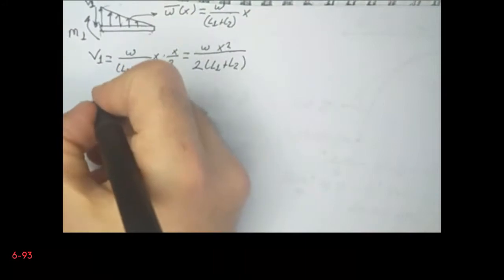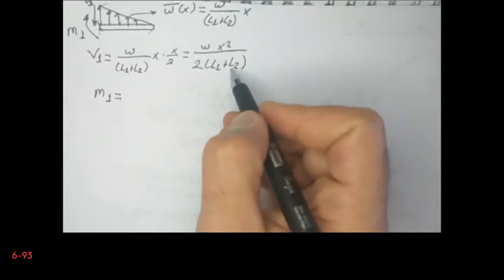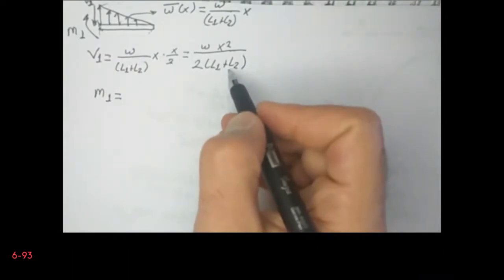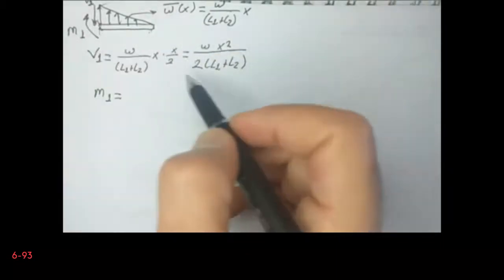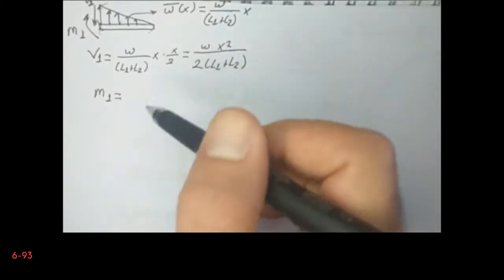Okay, now let's calculate the bending moment. M1, you can integrate it. This is one way of calculating this bending moment diagram, or you can directly calculate the bending moment generated by this resultant force. So this is the resultant force that is generated.